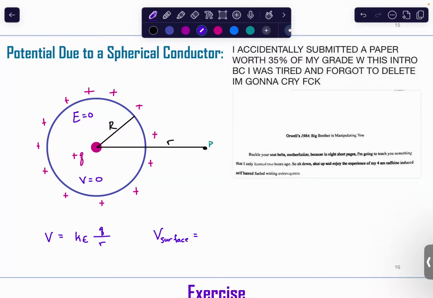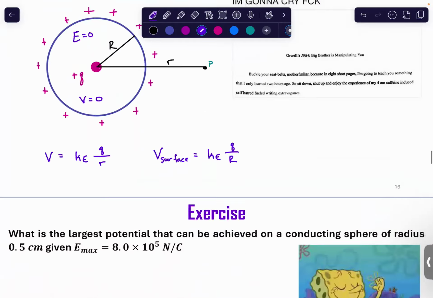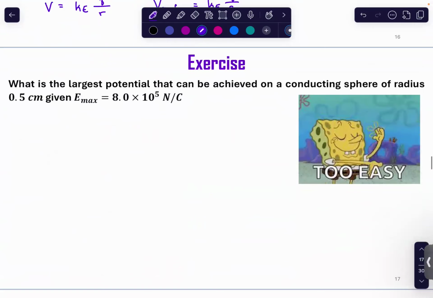The potential on the surface will be just at the radius of the sphere. I want to see if you guys can solve this one.